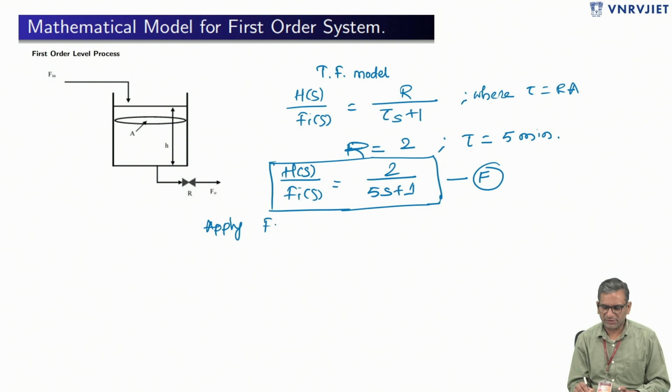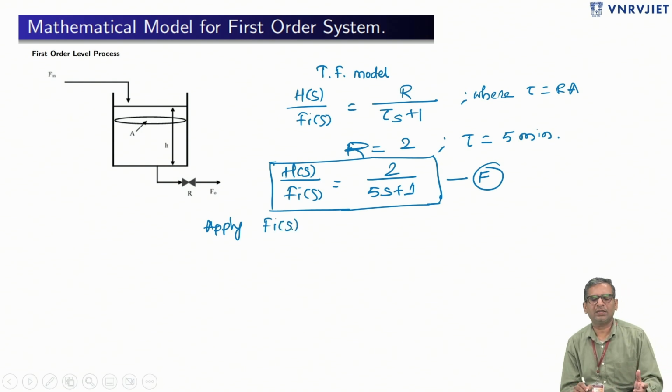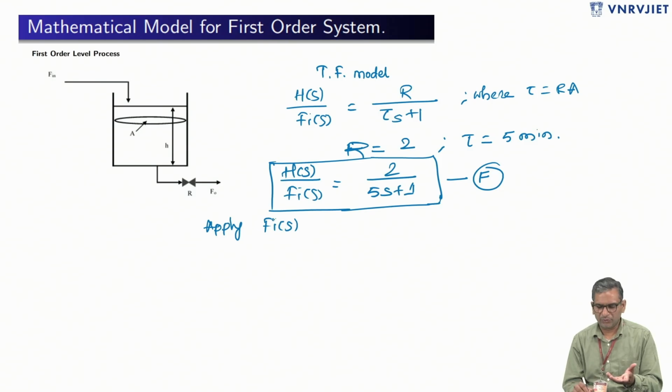a step input. As I told, through simulation studies we can understand the plant behavior if we have a good plant model. So let's say this is the plant model available with me, and I'm going to apply a standard test input. In this case, I'm changing the control valve, that is, suddenly I'm going to change the input flow rate.